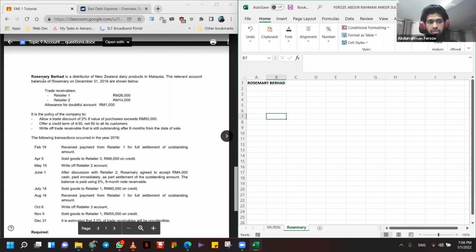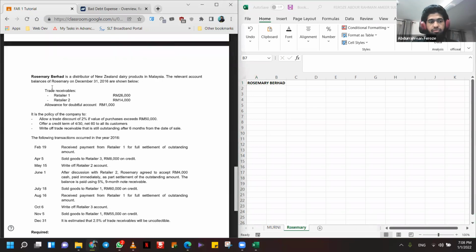We have the question: Rosemary Berhad is a distributor of New Zealand dairy products in Malaysia. The relevant account balances of Rosemary on December 31st, 2016 are shown. Trade receivables from retailer 1, the first customer, is 26,000 ringgit. Trade receivables from retailer 2 is 14,000 ringgit. Allowance for doubtful accounts is 1,000 ringgit.